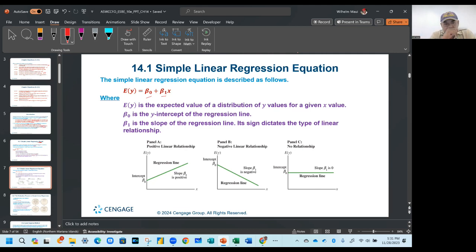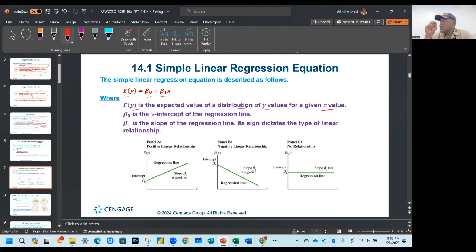The definitions are important here, as are the notations. Sometimes those are what throw us off at the beginning. Here, the expected value of y is the expected value of the distribution of the y values for a given x value. Remember, eventually we will estimate and try to predict the y value given a particular x value.